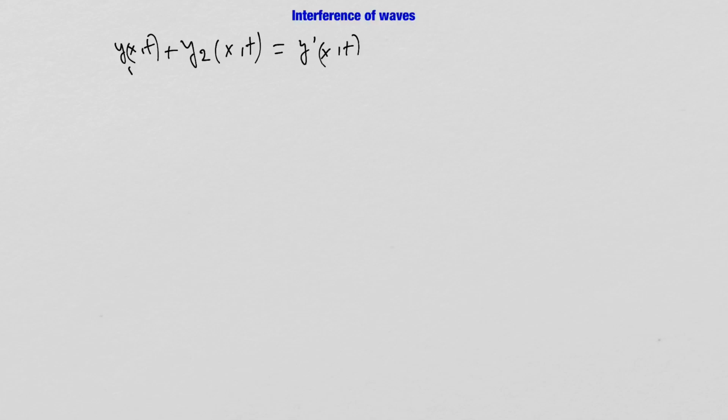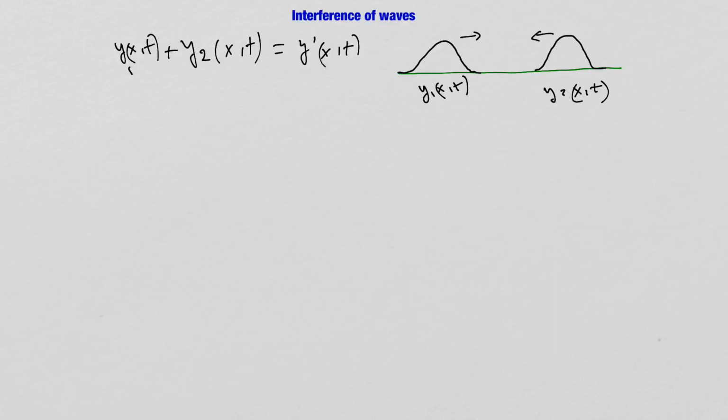So for the purposes of the derivation, I'm going to consider two waves which propagate in opposite directions, and both have the same amplitude. So this will be y1 of x and t going to the right, and then I'm going to have y2 of x and t going to the left, and both will have the same amplitude ym.